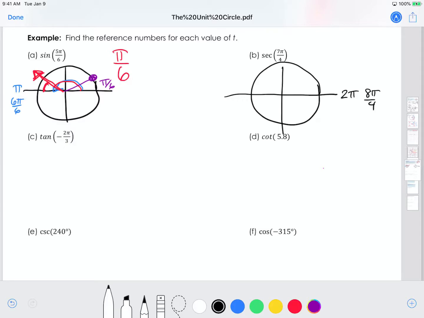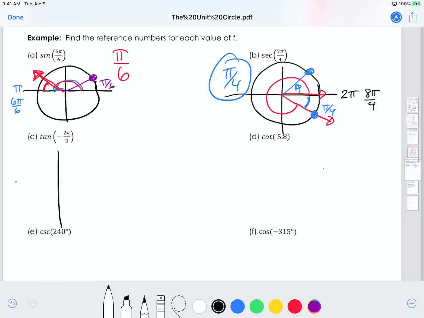So 7 pi over 4 would be if I sweep open, here's my initial side, and this angle here, I would be pi over 4 short of 2 pi. So the angle that the terminal side makes with the x-axis is pi over 4. That would be my reference angle, which is telling me if I open pi over 4 this way, this point and this point will be exactly the same other than sign changes.